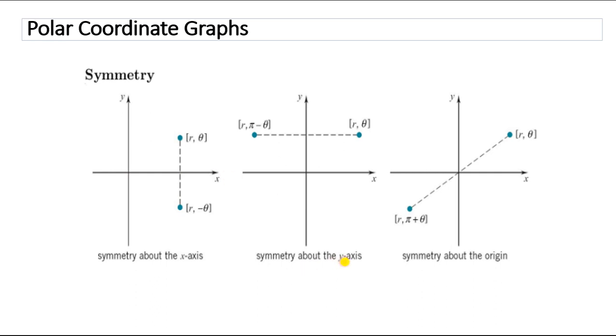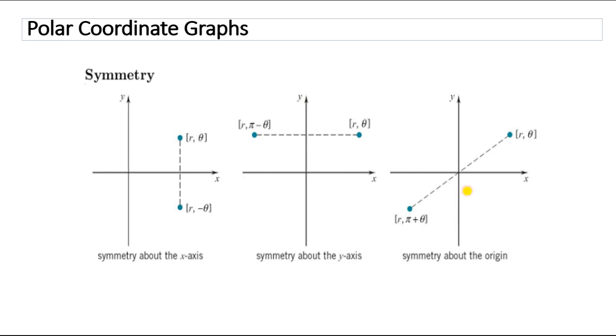Number 2, symmetric about the y-axis. If the graph has this point r theta, we must have this point. Symmetric about the y-axis, or theta equal pi over 2, this line theta equal pi over 2.